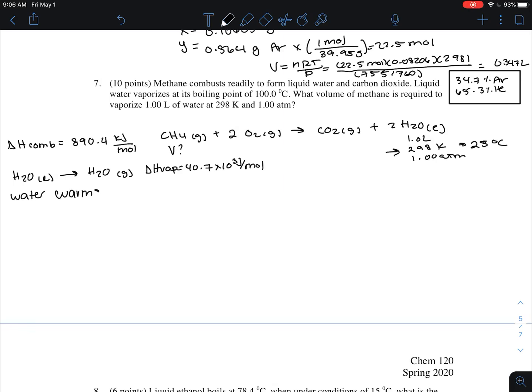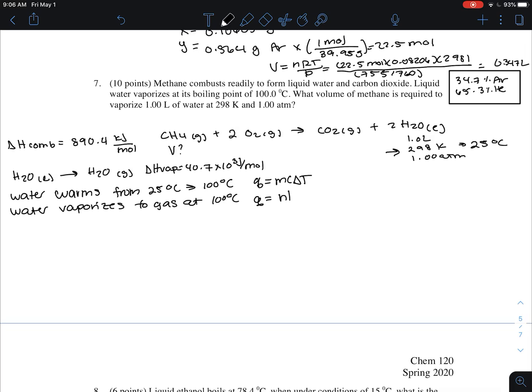So the liquid water that forms first has to warm up. So water warms from 25 degrees Celsius to 100 degrees Celsius, and then water vaporizes to gas at the boiling point.